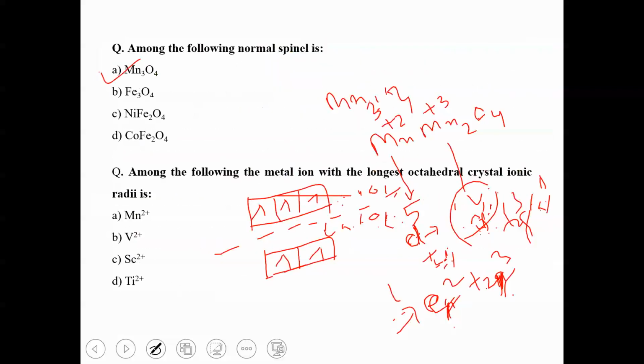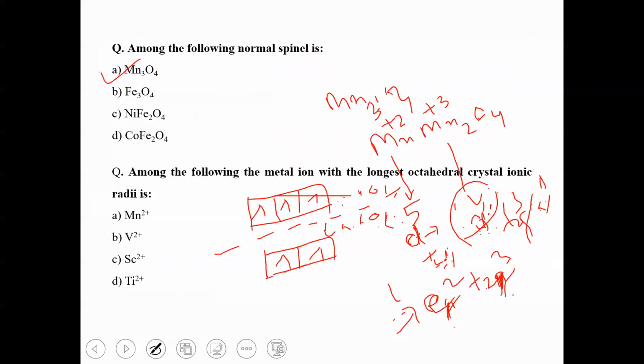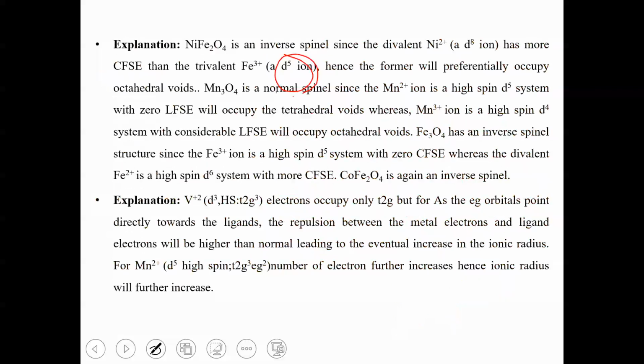In case of vanadium +2, it will be 3d3, and it occupies only t2g. But as the eg orbitals point directly towards the ligand, the repulsion between the metal electrons and the ligand electrons will be higher than normal, leading to an increase in the ionic radius.